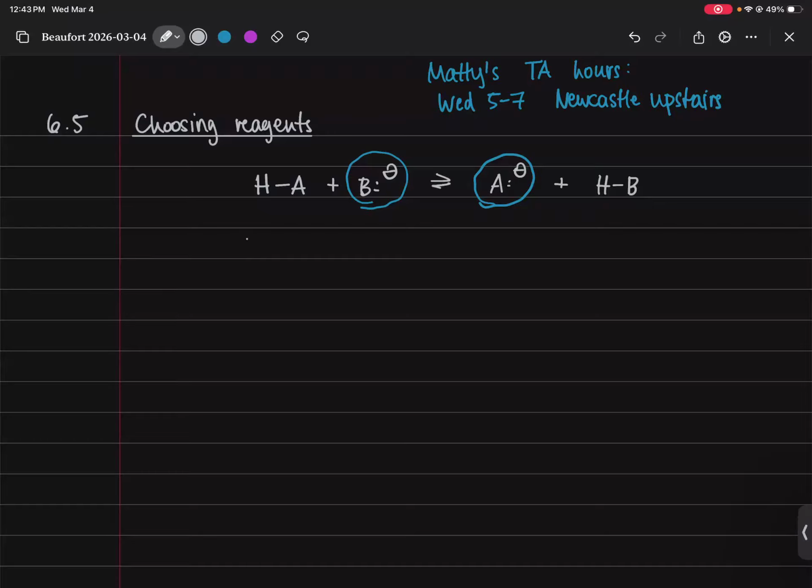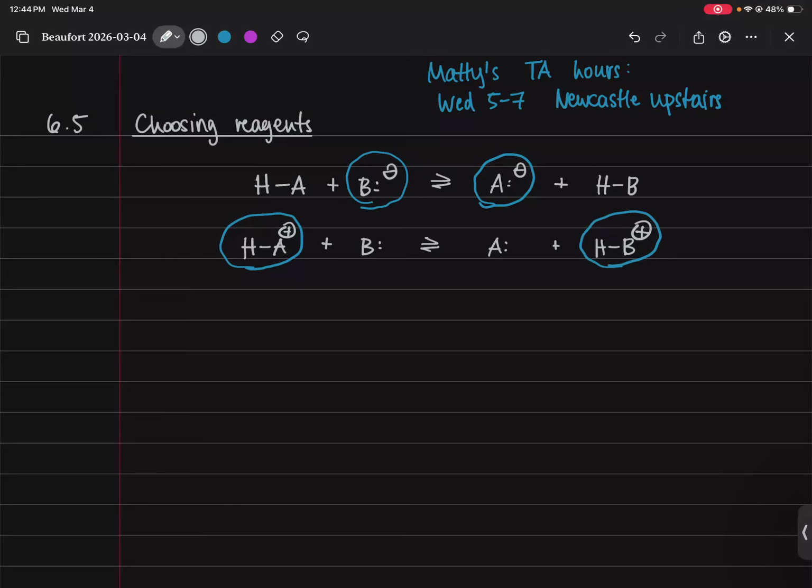Or we could have a case where the ions are cations, and in that case we have the acid and the conjugate acid as our ions.